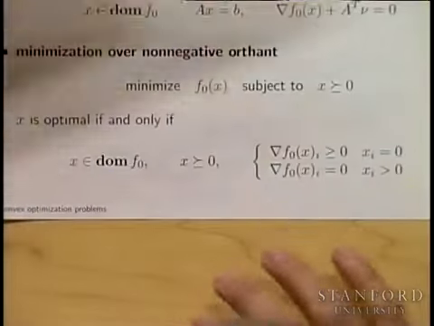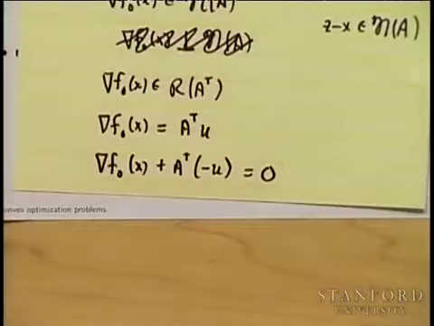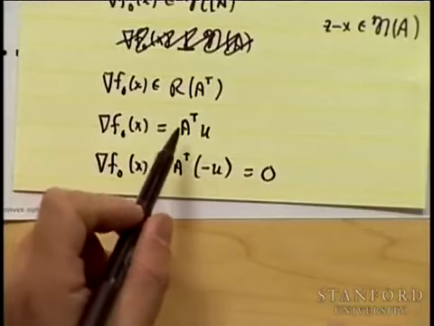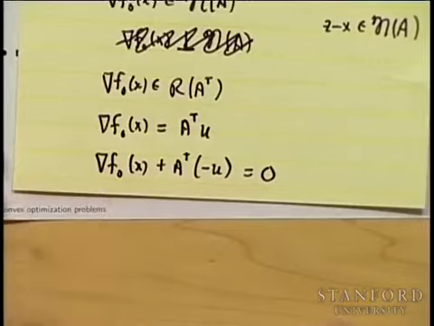Actually, I'm kind of done, because I could write this as grad f of x plus A transpose times minus u equals 0 for some u. I guess if I were smart, I would have put the minus, but it would have been kind of weird. That's the condition. By the way, don't worry about these. This is just your first glimpse at this. We will spend a week and a half on all these things later in much greater detail.